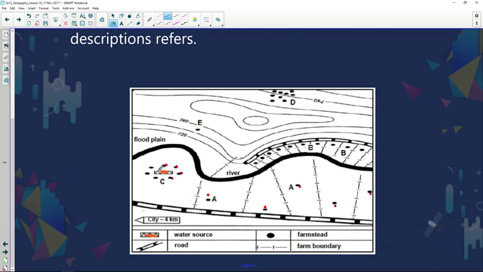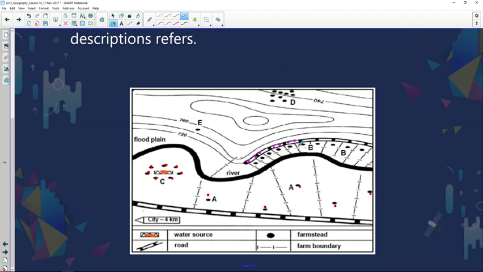Now immediately there's our first clue. You can see that people live close to the water source over at C. And then we've got a river as the thick black line indicated over there. Probably use it for irrigation. And then there's a road situated over there.